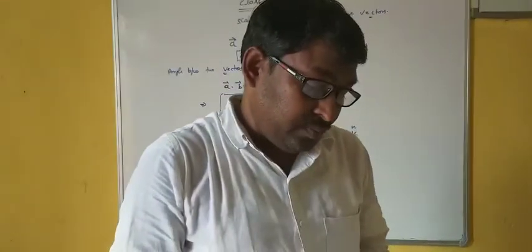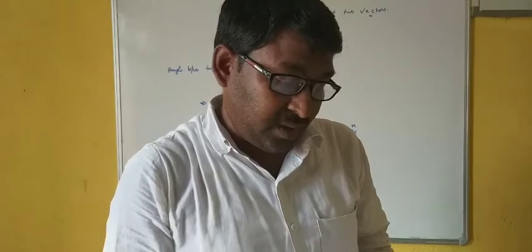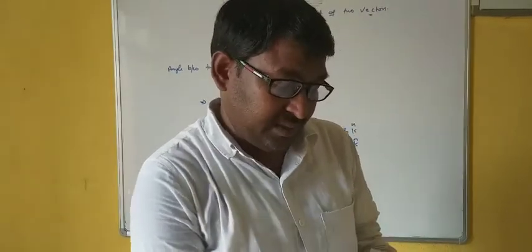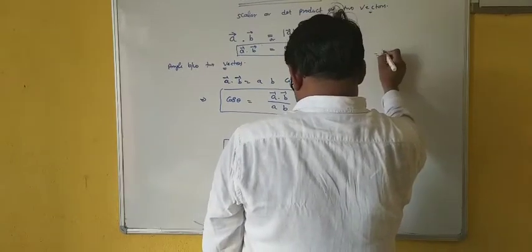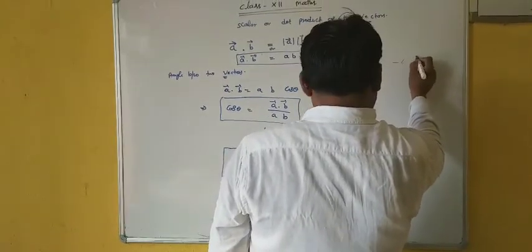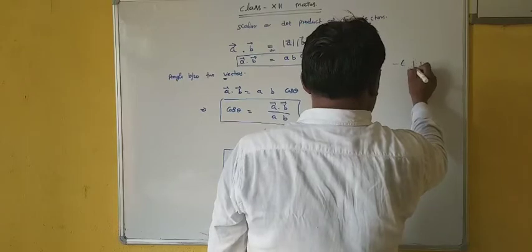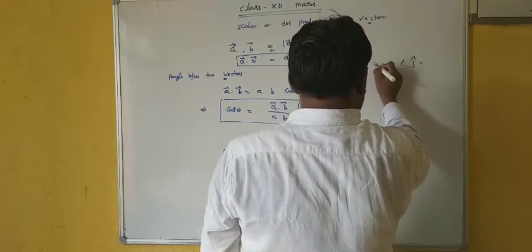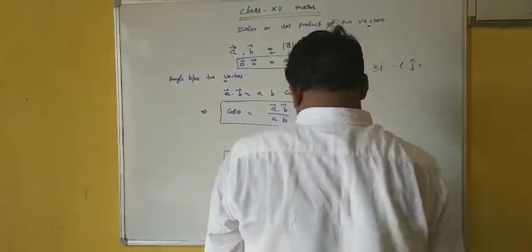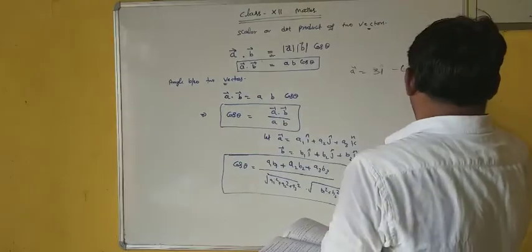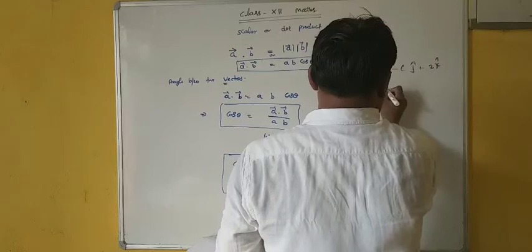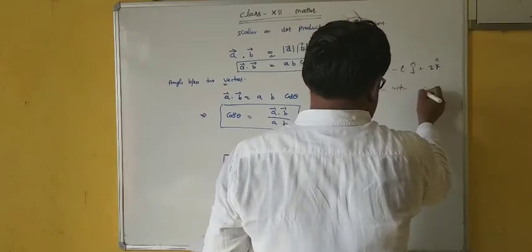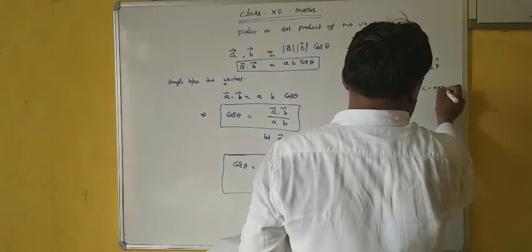Find the angle which the vector A, 3i cap minus 6j cap plus 2k cap, makes with the x-axis.